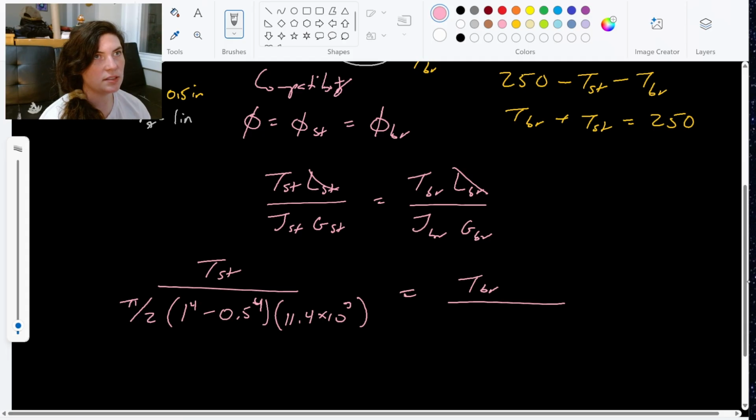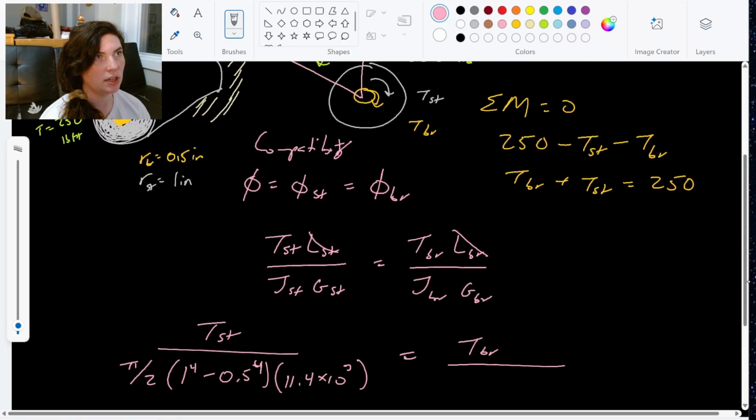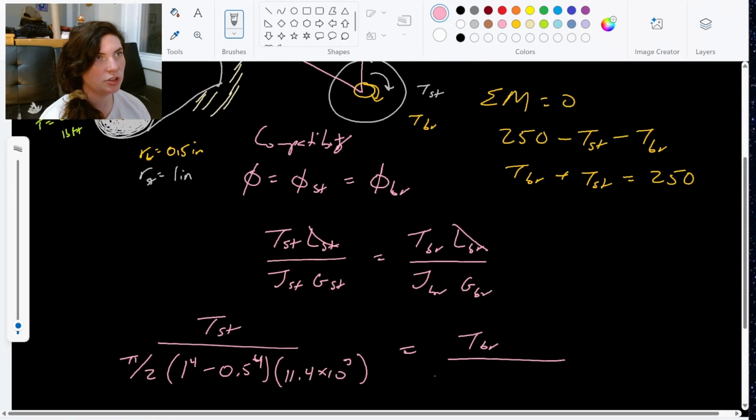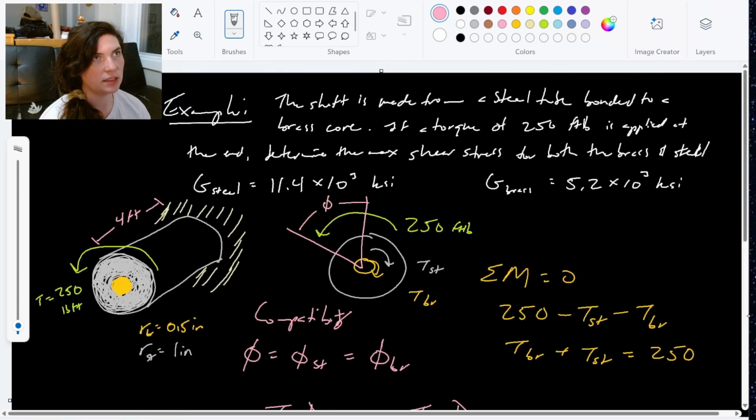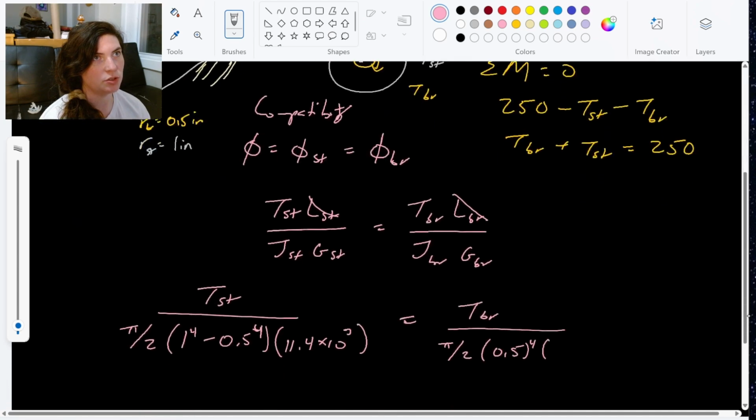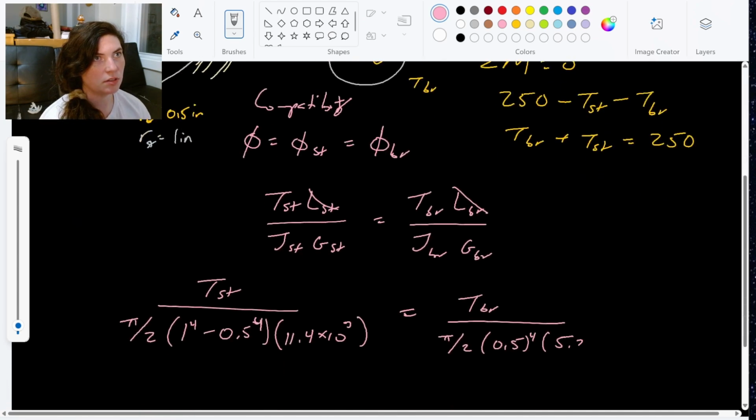Torque for brass is going to be my polar moment of inertia. This time brass is a solid shaft, so that's R to the 4th, 0.5 to the 4th. And for brass, G is 5.2 times 10 to the 3rd KSI. So there we go. That gives me my second equation. I've got 2 equations, 2 unknowns.